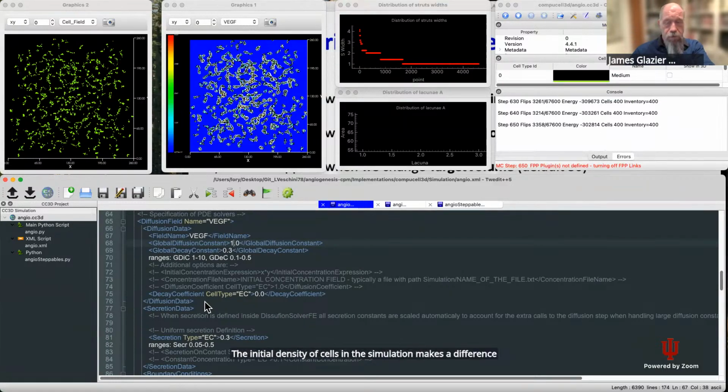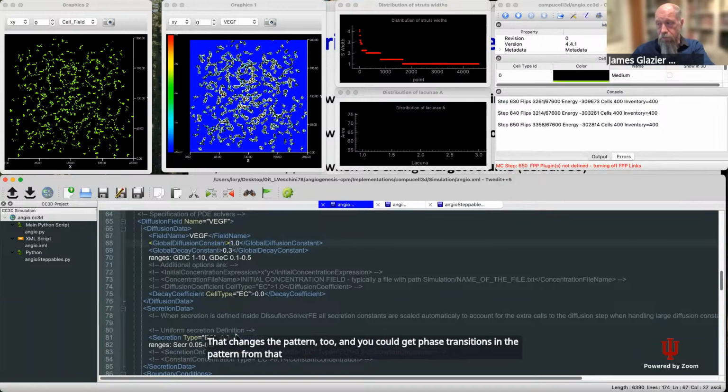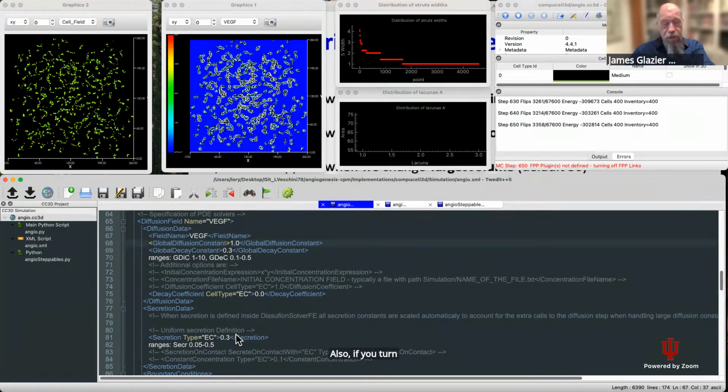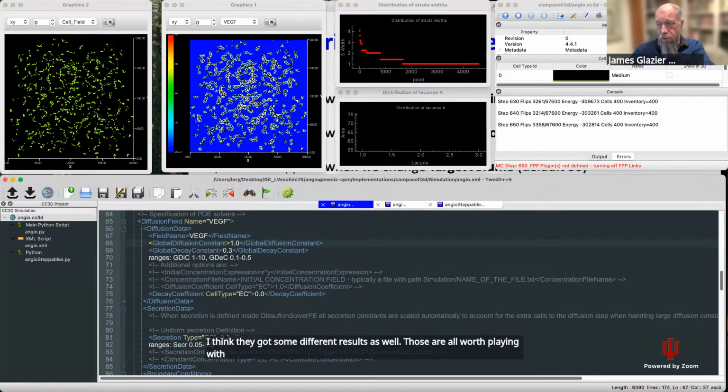There are interesting pattern changes for that. And if you change the surface tension, the cell-cell adhesion, that changes the pattern too, and you can get phase transitions in the pattern from that. Also, if you turn off the chemotaxis-towards-medium option, you could get some different results as well. Those are all worth playing with to see what you get.